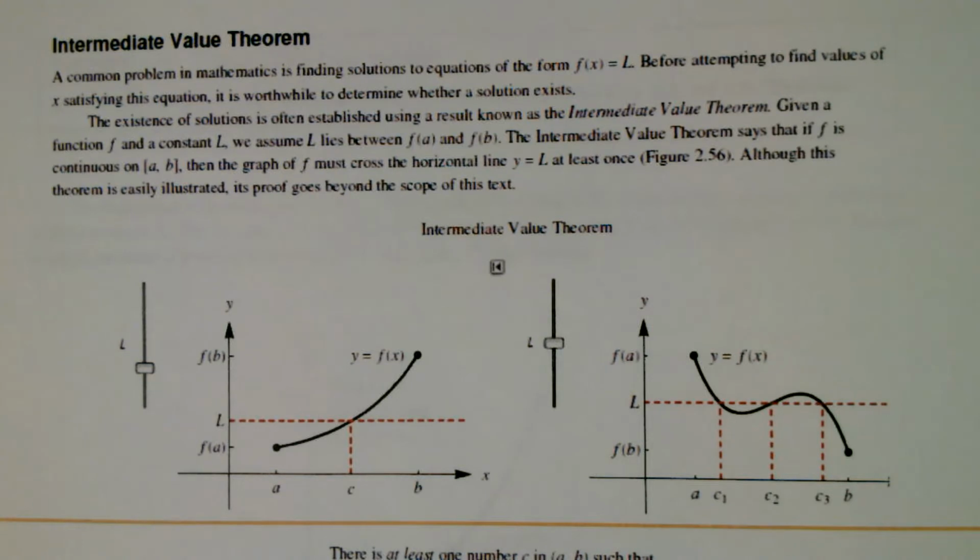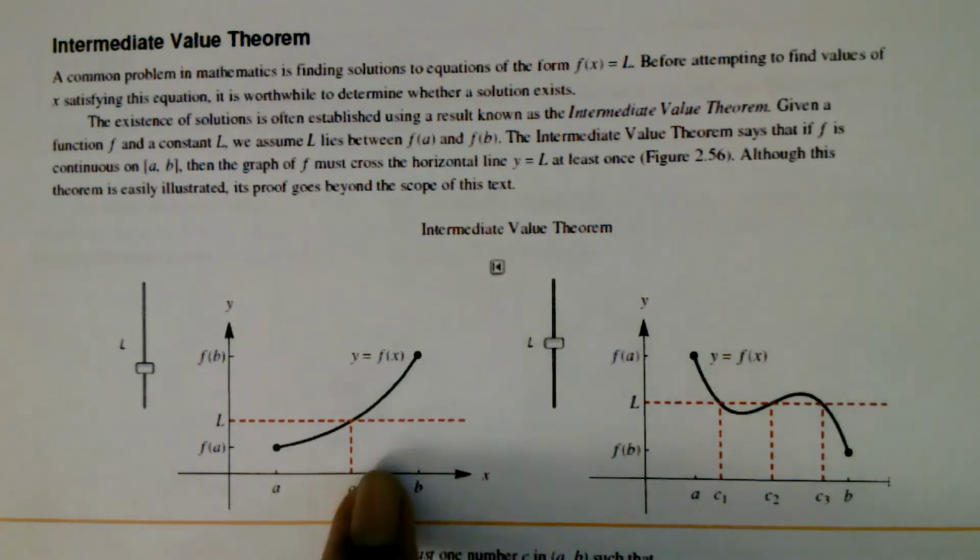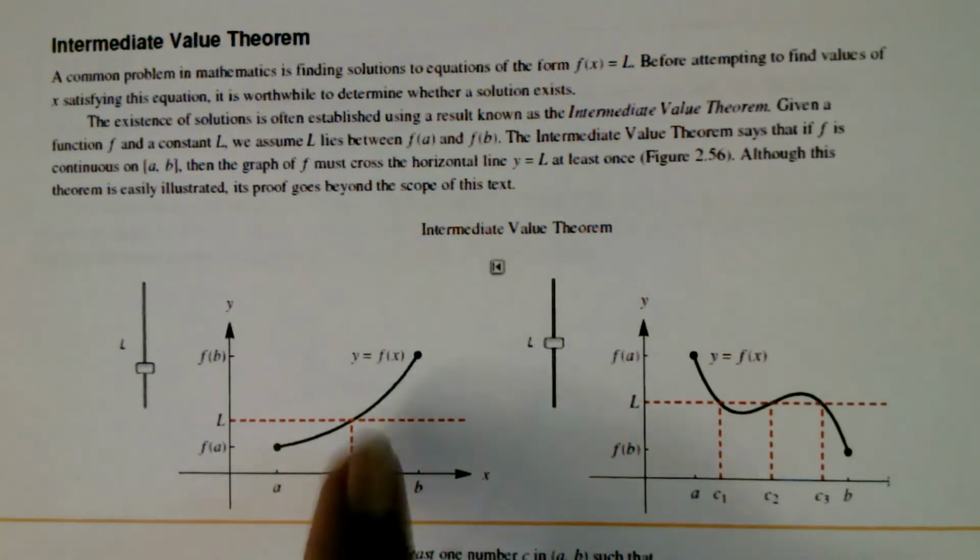Here you're given a function f and a constant L. We assume L lies between f of a and f of b. The intermediate value theorem says that if f is continuous on the closed interval [a, b], then the graph of f must cross the horizontal line y equals L at least once, as you can see in this figure right here.